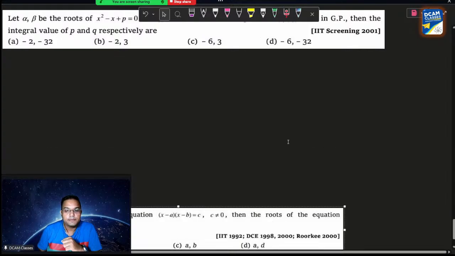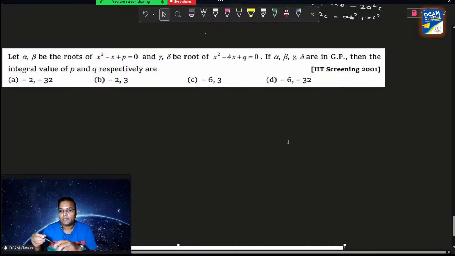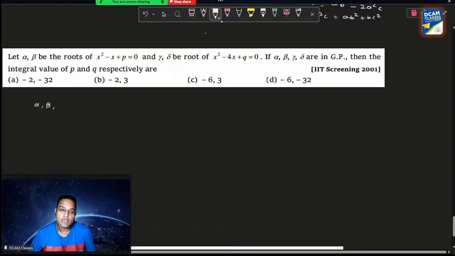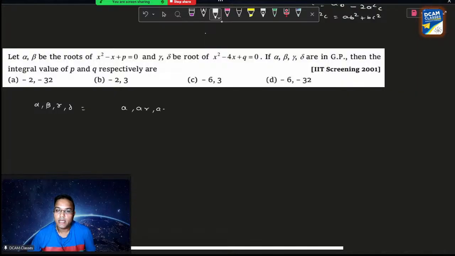See, actually, you can assume them. Like those alpha, beta, gamma, delta, they are in GP, na? You can take alpha, beta, gamma, delta as A, AR, AR square, AR cube, like that. Actually, this question, if I want to challenge this question, I can challenge. How?